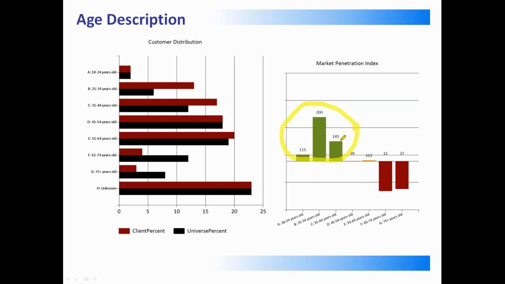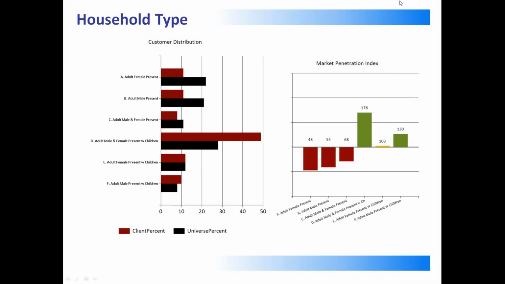However, we're going to let the math do that for us when we get to the next step. We're not going to say, oh, go through and filter the universe and pull only people in that age range, because it may be that there are people in these age ranges where you only have moderate index values, but they have high index values in other areas. For example, you see here that you have a high index for nuclear families, mom, dad, and kids in the household, also a high frequency.